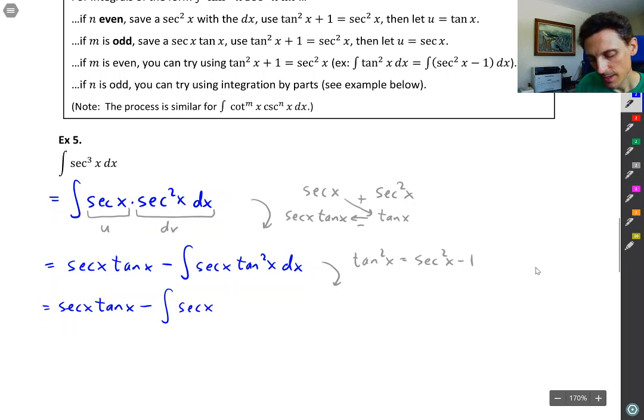So we'll have secant x tangent x minus the integral of secant x times secant squared x minus 1 in parentheses, and then dx.